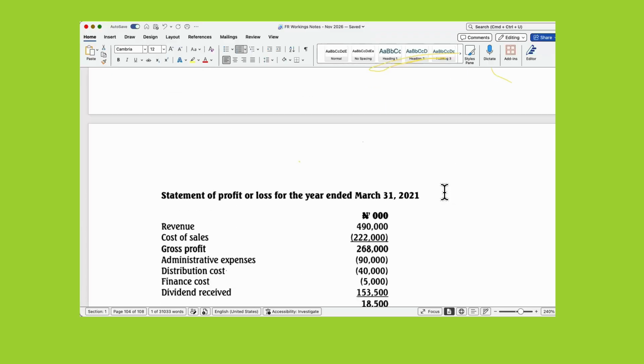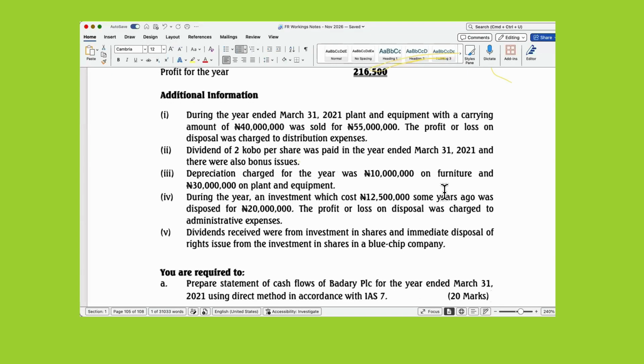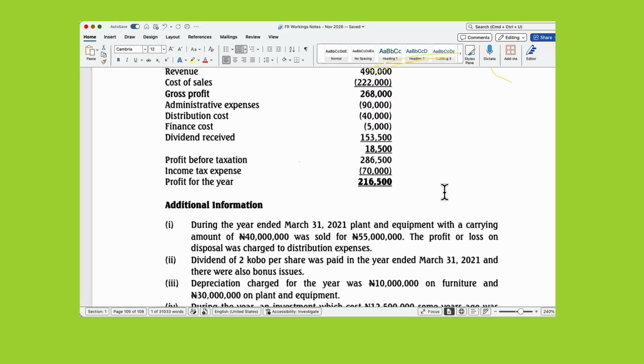I know it has bonus because note 2 says that a dividend of 2 kobo per share was paid, and there was also a bonus issue, which means we also issued some bonus. But the challenge is how much bonus now?